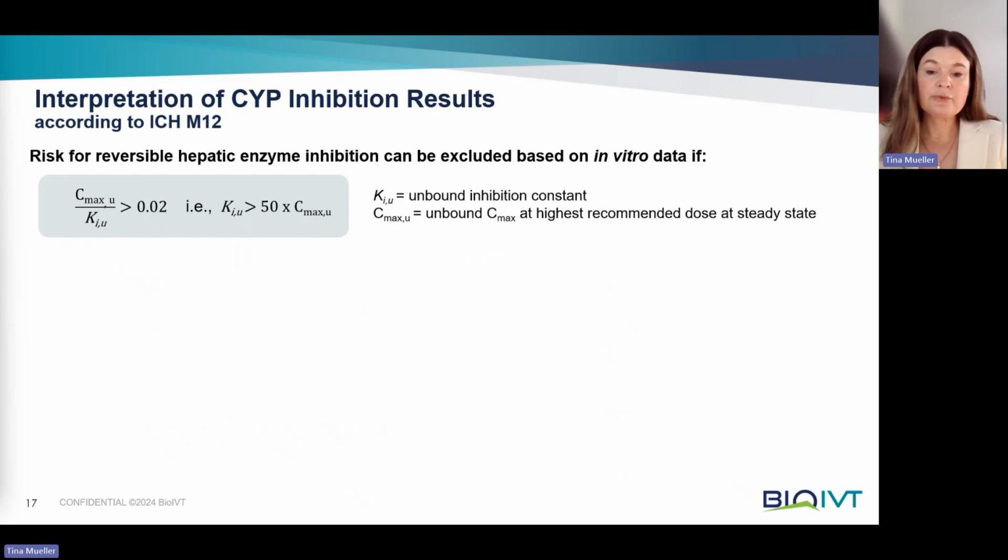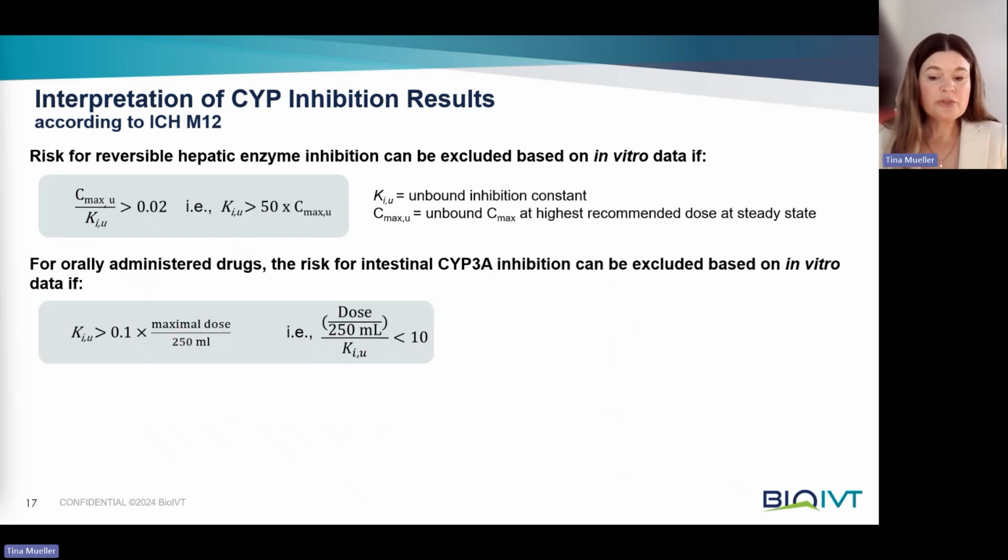First, the risk for reversible CYP inhibition can be excluded based on in vitro data if the unbound maximal concentration Cmax at the highest recommended dose at steady state divided by the unbound Ki is less than 0.02, or differently said, if the unbound inhibition constant is greater than 50 times the unbound Cmax.